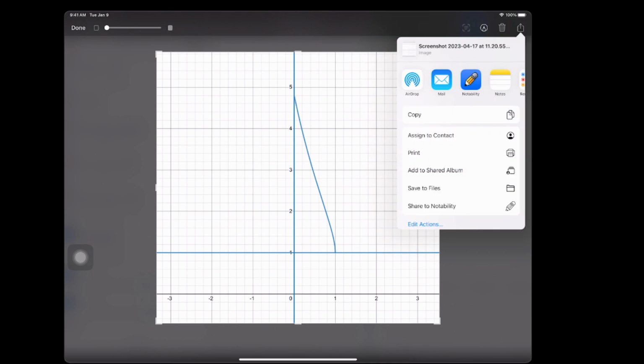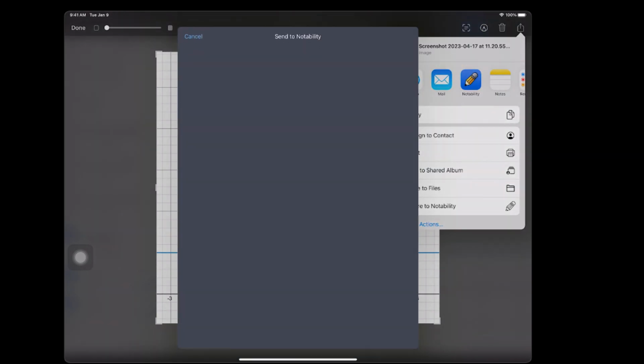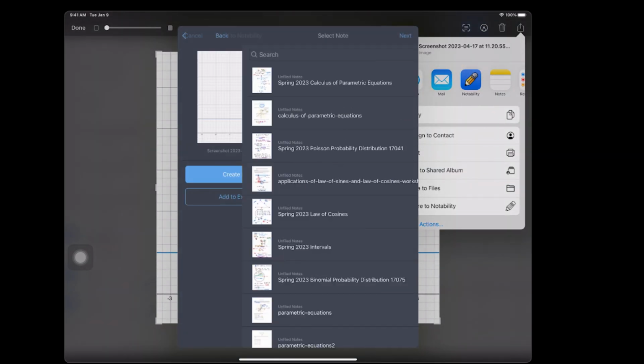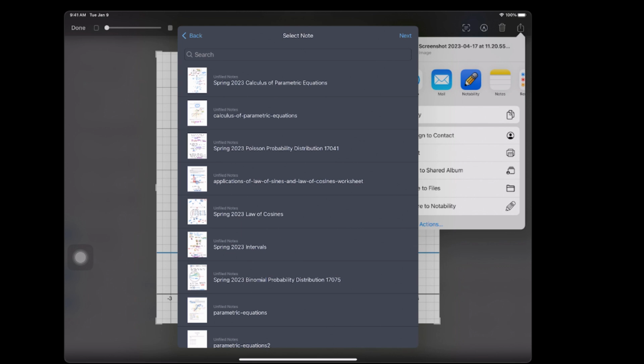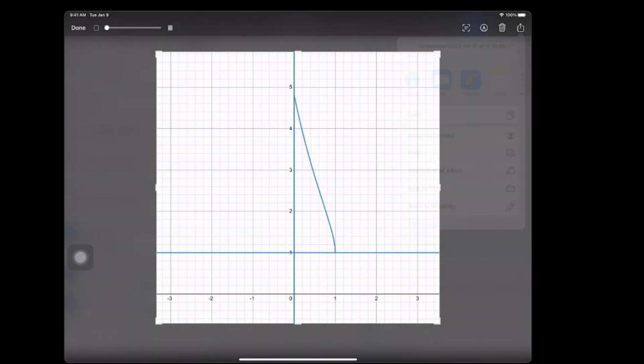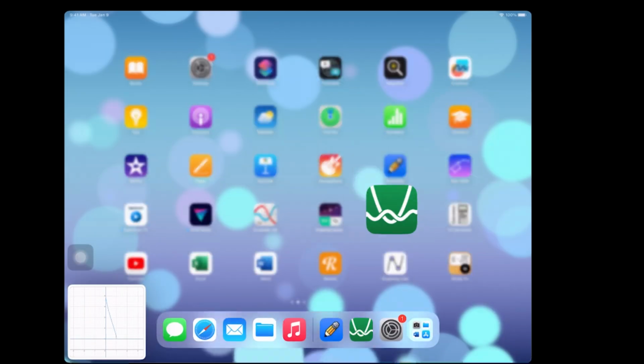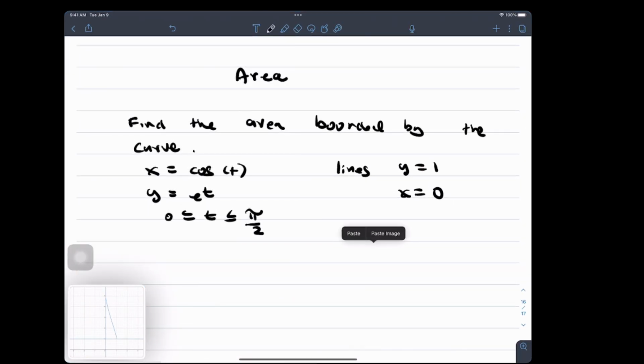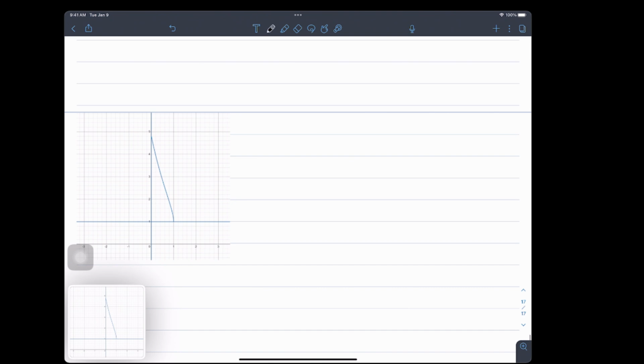So I'm going to import that in Desmos. Okay, Notability, add to existing note. Where is it? Your calculus of parametric equations here. No, not that one. I think it's this one, yeah. There we go.